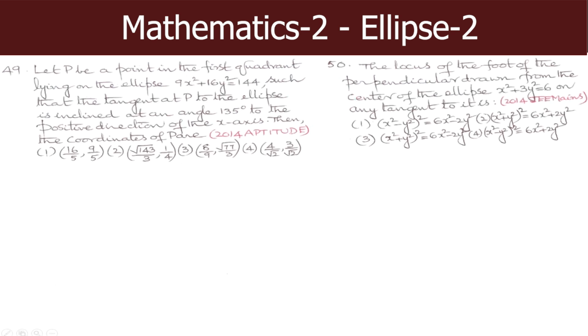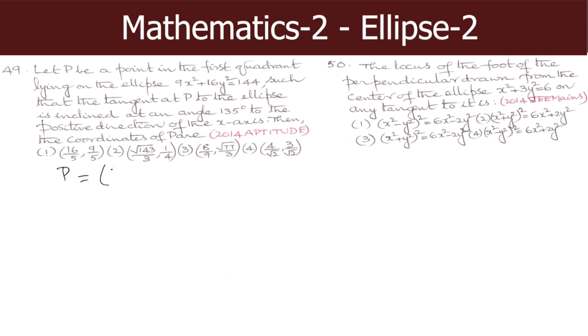JEE question. Let P be a point in the first quadrant lying on the ellipse 9x squared plus 16y squared equal to 144. The ellipse is x squared by 16 plus y squared by 9 equal to 1.